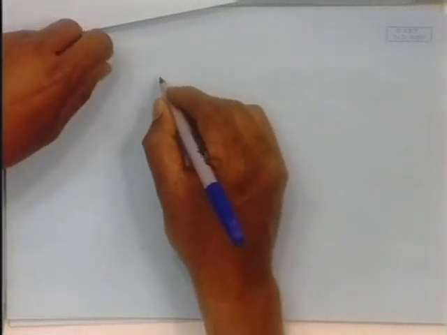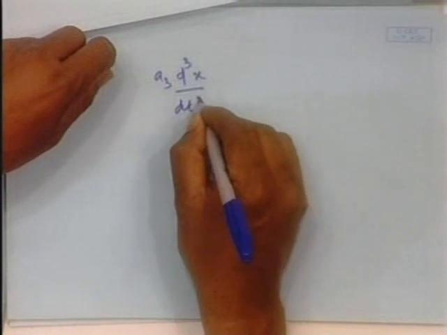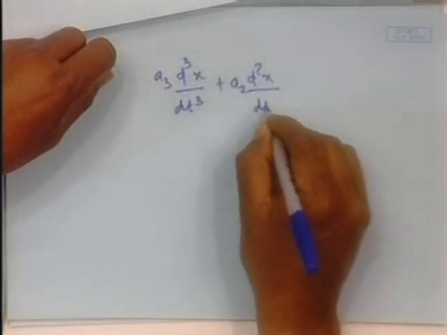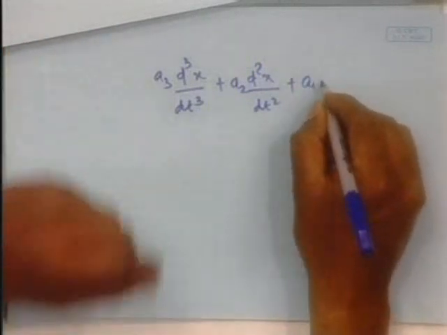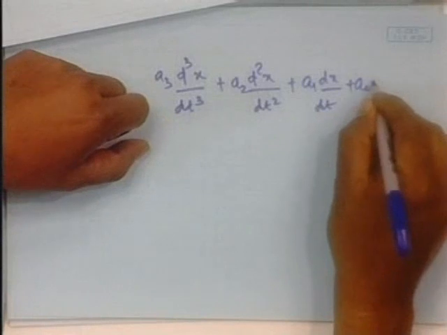So, you can see this particular slide, that is from this differential equation, this is the differential equation, that is a3 d cubed x by dt cubed, once again I am writing, plus a2 d squared x by dt squared plus a1 dx by dt plus a0 into x is equal to 0.